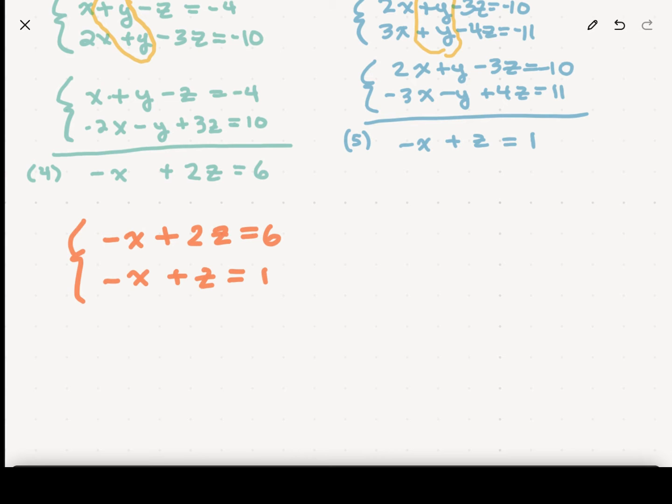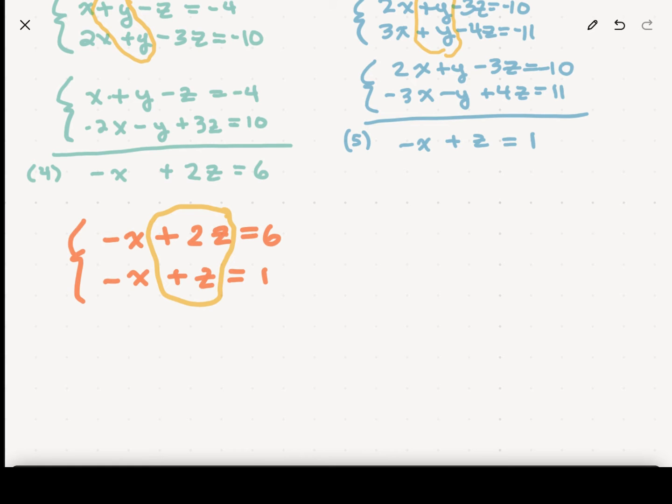Now I decide which variable I want to eliminate. Just for fun, I'm going to eliminate z. The first coefficient on z is 2, the second is 1, and the least common multiple of 2 and 1 is 2. So I want one coefficient to be 2 and the other to be negative 2.